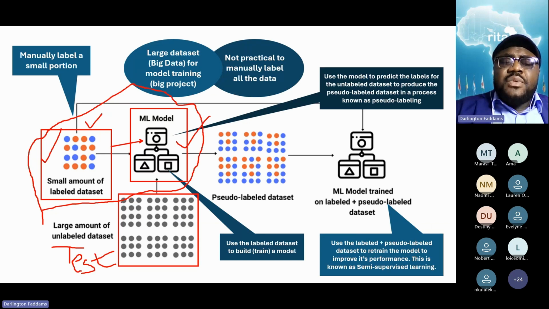So we just feed it with all the features we have. And the model is able to predict for each single data and say that this is cat, this is dog, this is cat, this is dog. And we save the answer and attach the answer to all the data items.